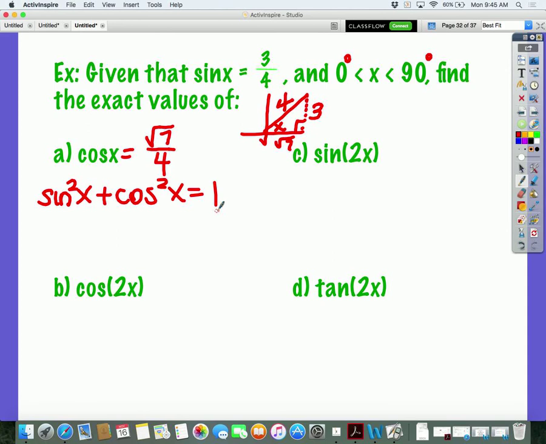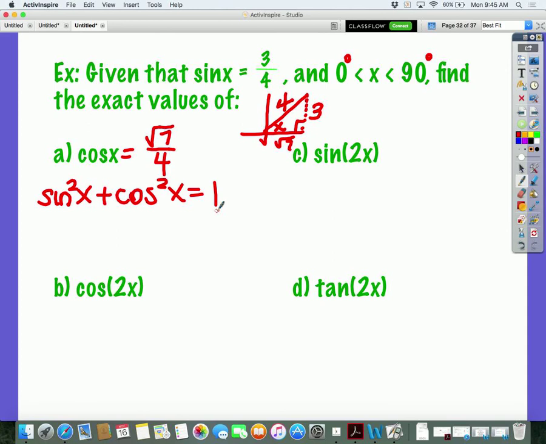Because if you think about it, the other two identities that we talked about, the double angle, has a cosine 2x or cosine 2 theta and the sine 2 theta. That really is not going to help us out here, considering the only piece of information we know is sine x. That's all we have. So this would be the only identity that we could use to help us figure out the cosine. I'm showing you guys another way you could do this.